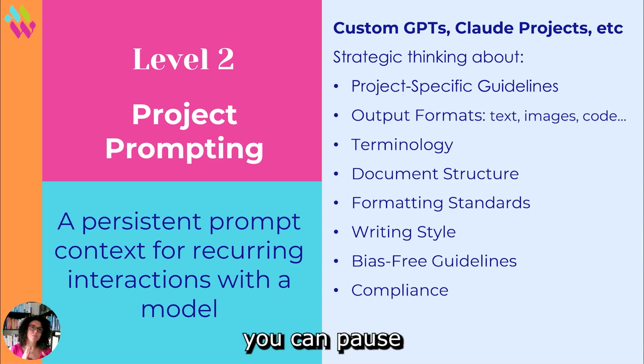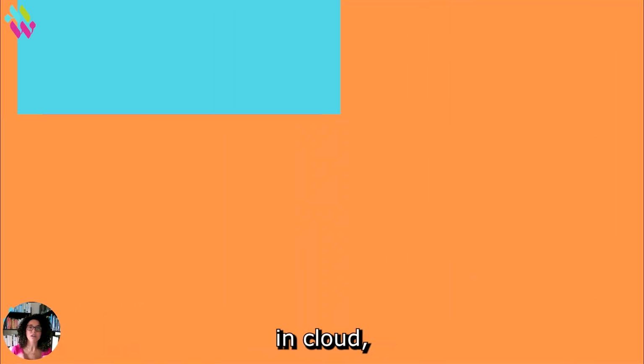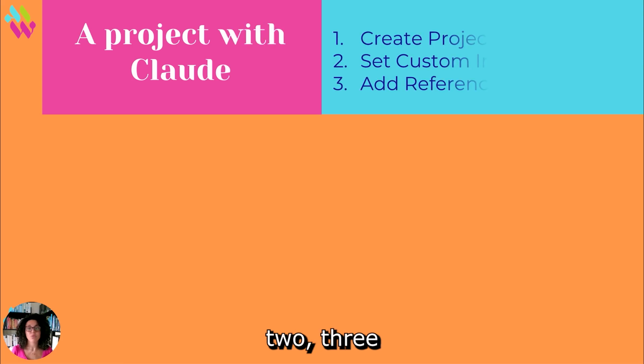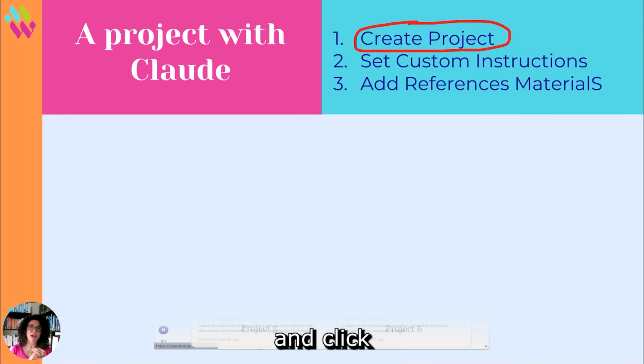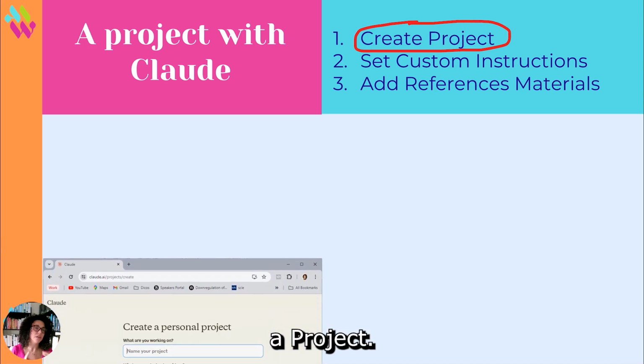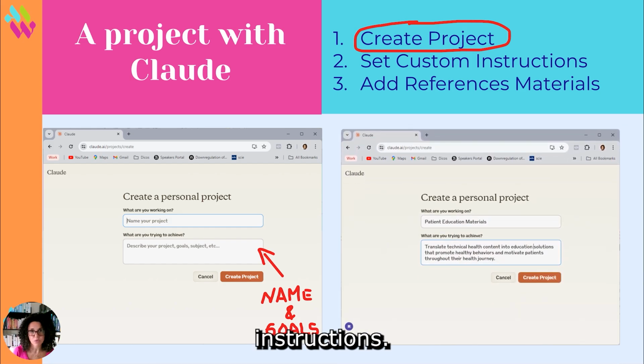So now you can pause or make a note to go and try a project. For example, in Claude, it's a 1, 2, 3 process. You're going to, one, go to Claude and click on create a project. You're going to give it a name and a description. Then, two, you're going to set custom instructions.